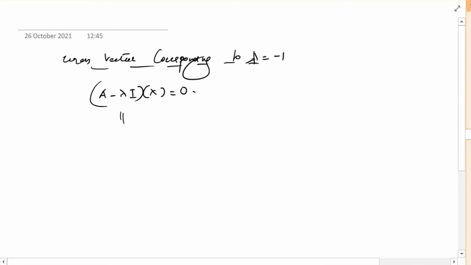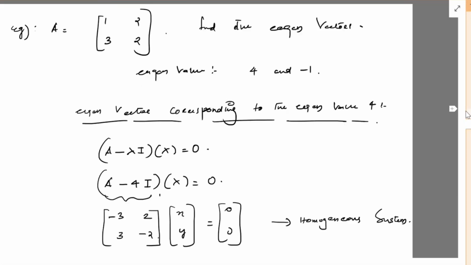So A minus lambda I will be what? Subtract minus 1 from the diagonal entries of A. So what will be that matrix?